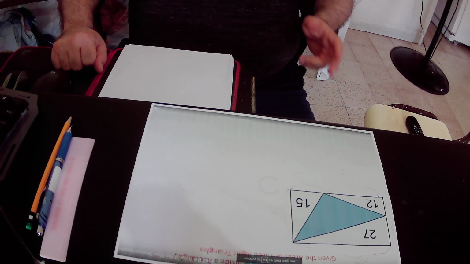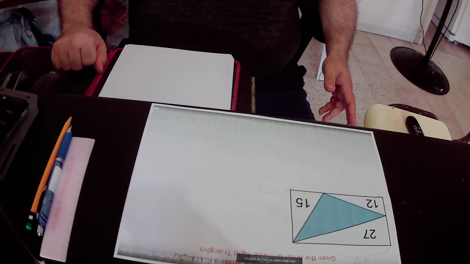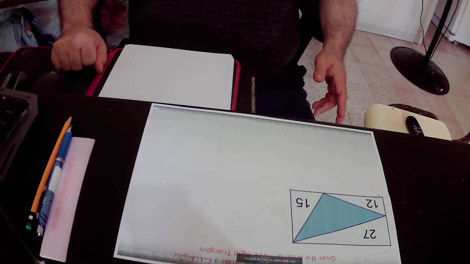We want to find the area of the blue triangle, but we have the areas of the right triangles.